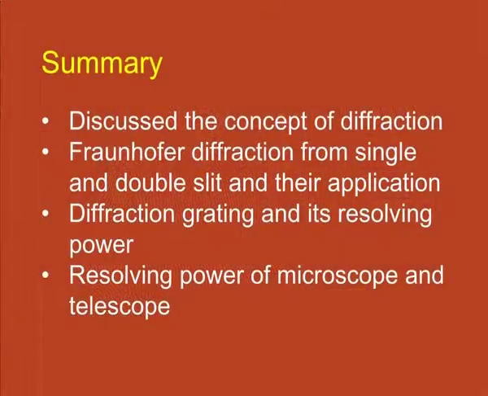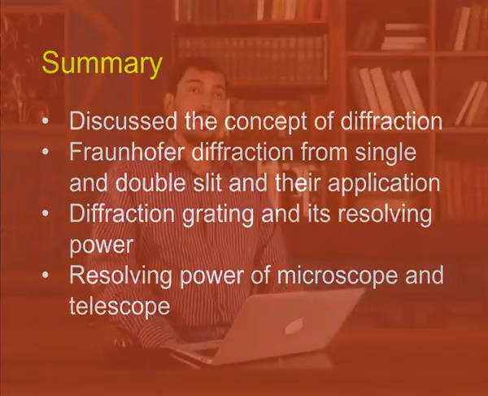So, the concepts that we discussed today can be summarized in the following few points. We started with the concept of diffraction, and from there we categorized diffraction into Fresnel and Fraunhofer diffraction.